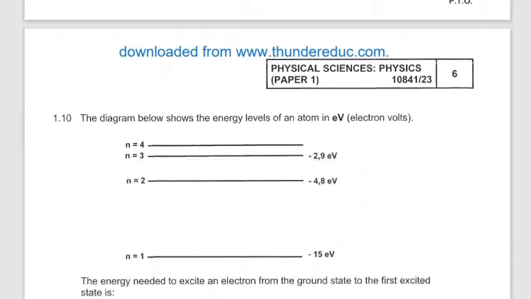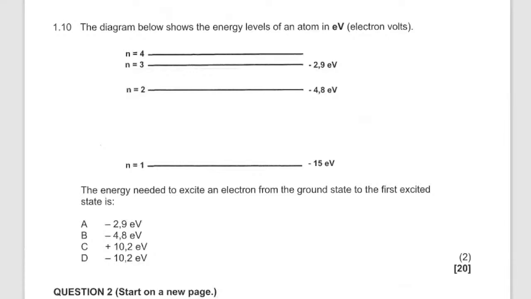Then 1.10, the diagram below shows the energy levels of an electron. The energy needed to excite an electron in the ground state to the first level.